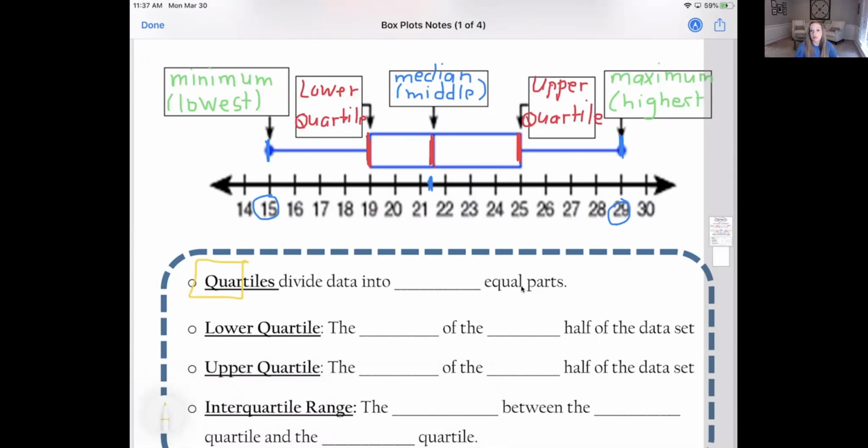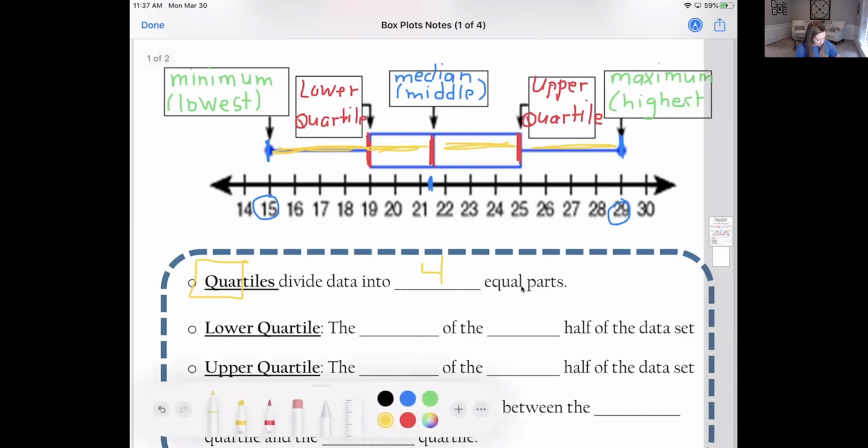A quadrilateral starts with a very similar prefix, and that has 4 sides. So this is 4 equal parts. This right here is 25% of the data. This right here is 25%. This is 25%, and this is 25%. So 4 equal parts.